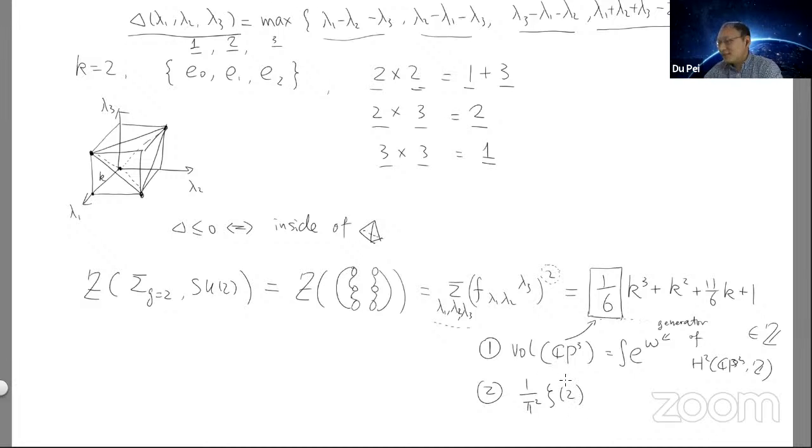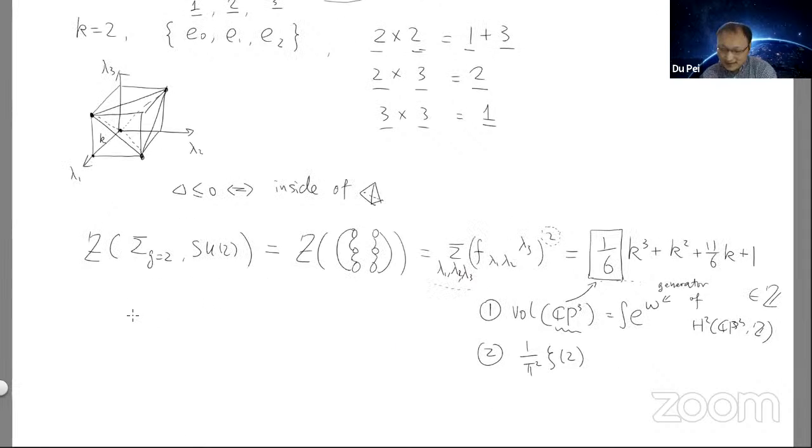Well, why did CP3 emerge? CP3 is exactly the moduli space of flat connections on a genus 2 Riemann surface. And this omega, with this choice of normalization, is exactly the Atiyah-Bott 2-form.